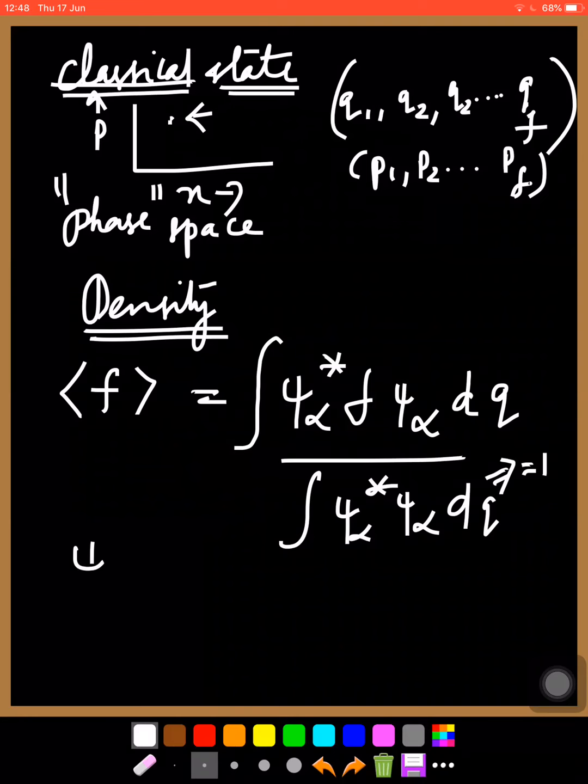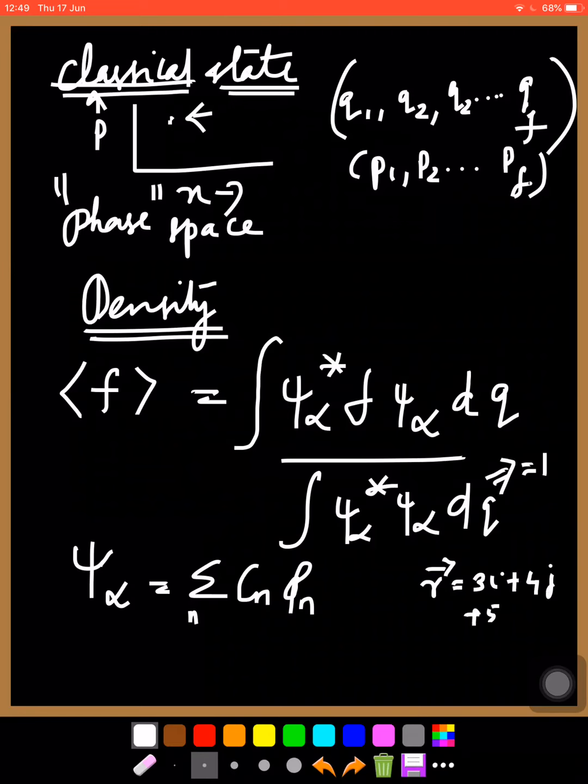And we know any wave function can be expanded in terms of basis vectors: sigma n, cn, phi n. Very similar to how we can represent a vector in three-dimensional space as 3i plus 4j plus 5k. i, j, k are the basis vectors and 3, 4, 5 are the components in the direction of i, j and k respectively.